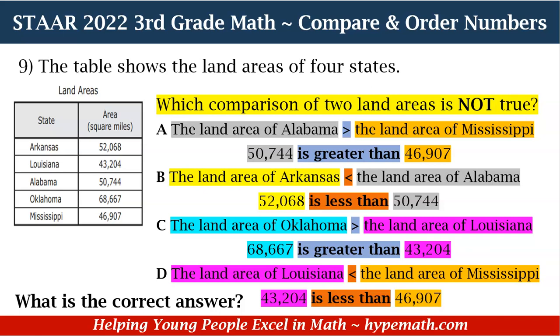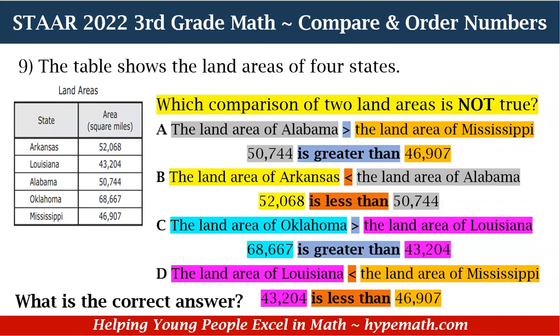For B, is it true or false that 52,068 is less than 50,744? Answer choice C. Is it true or false that 68,667 is greater than 43,204? And for D, is it true or false that 43,204 is less than 46,907?